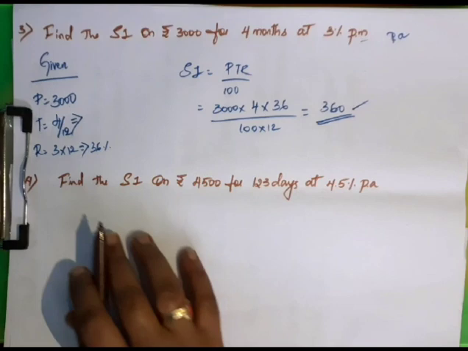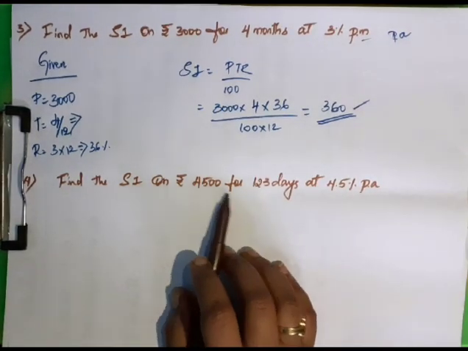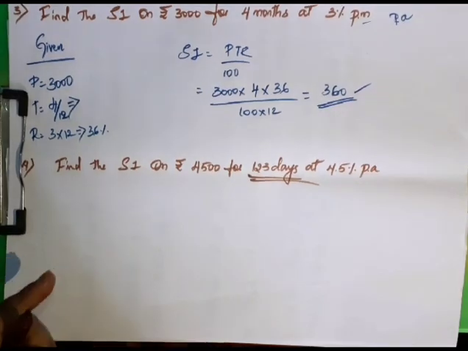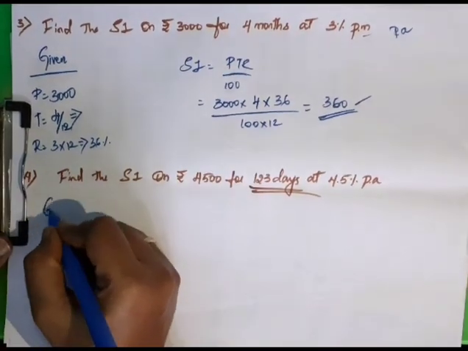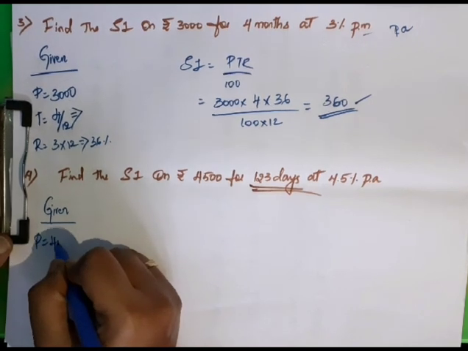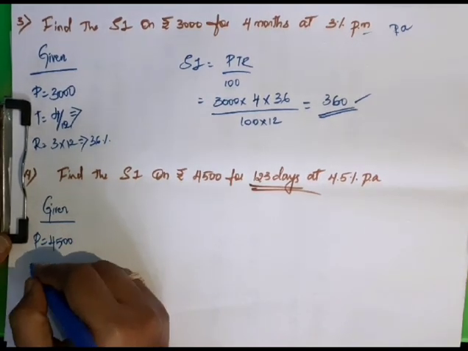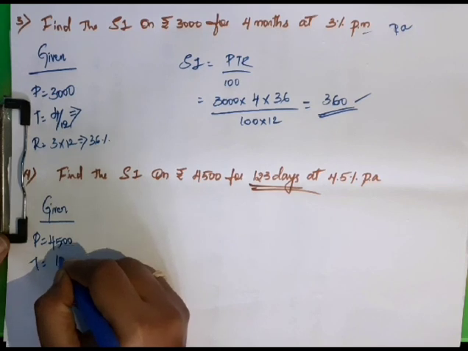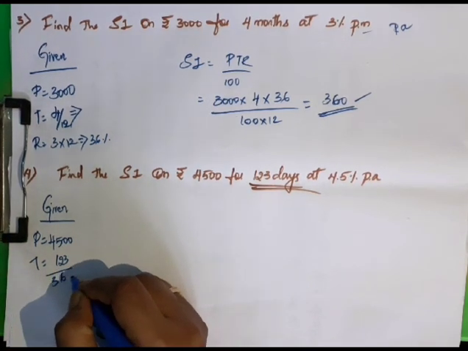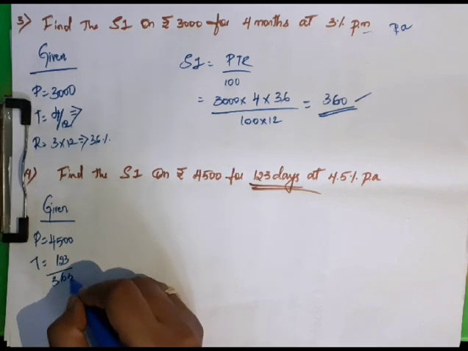And next we have: find the simple interest on 4500 for 123 days. So your time they have given in days. You all know how many days we have in a year, right? So P is 4500, T is 123 divided by 365, as they have given the information in days.